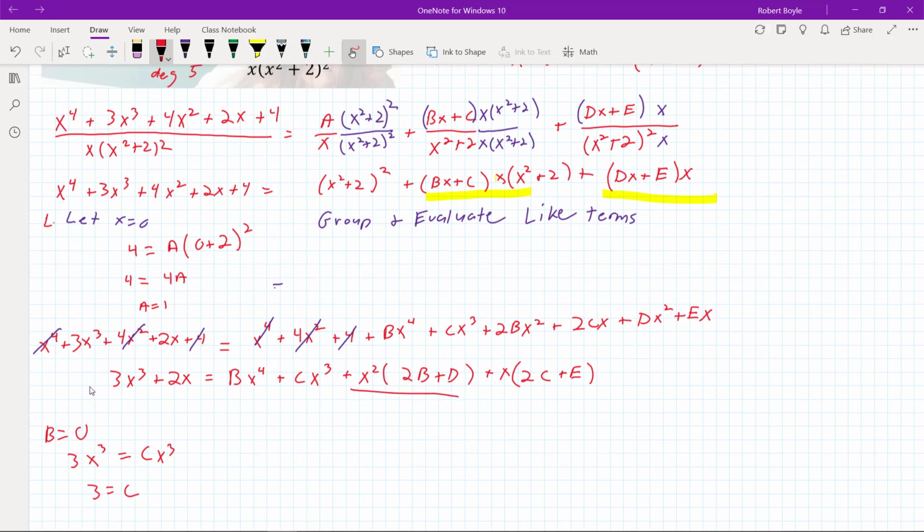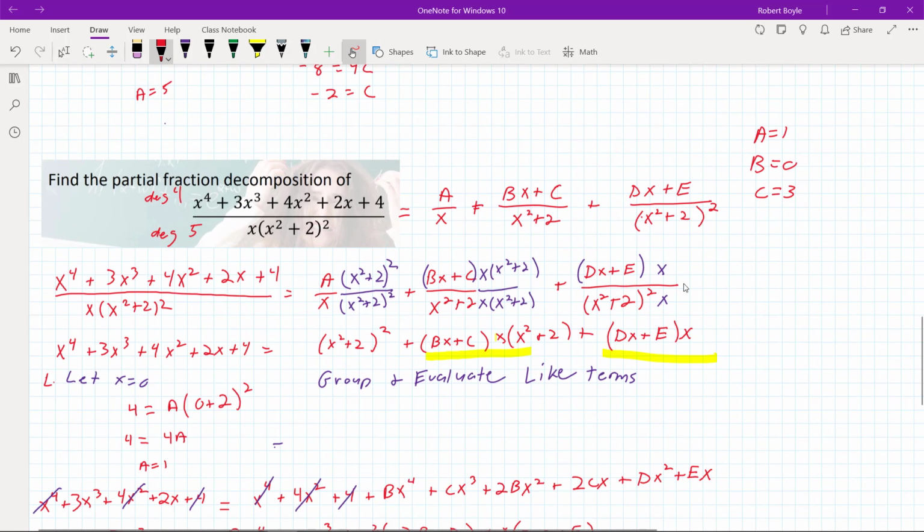We have no quadratic term on the left-hand side, so we are going to have that 0 is equal to x squared times 2b plus d, or that 0 is equal to 2 times b plus d. All right, well, b is equal to 0. That means that 0 must be equal to 0 plus d, and that d is equal to 0.